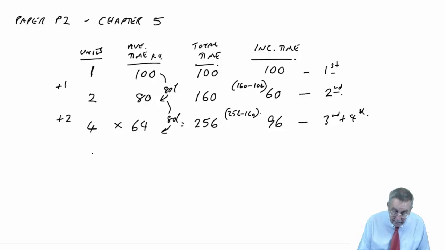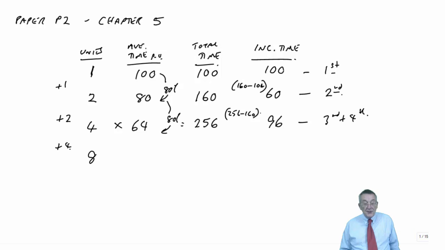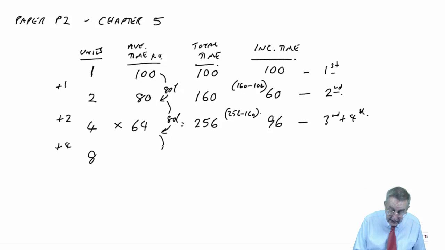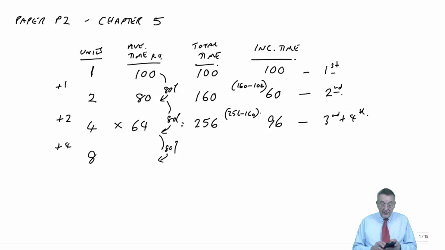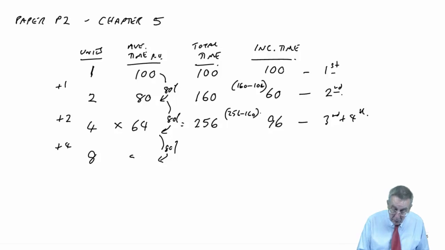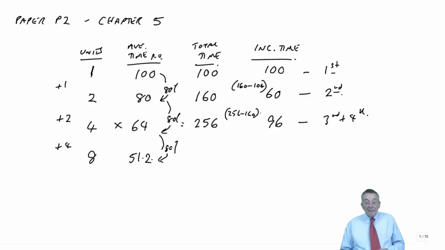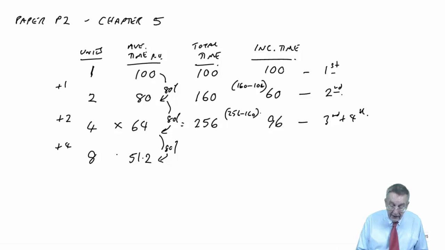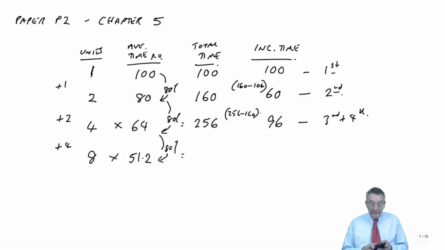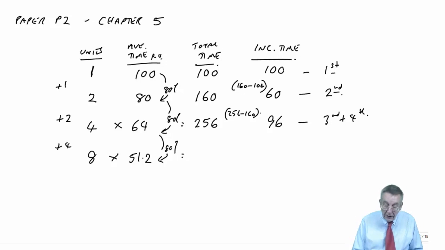Anyway, let's double one more time. If we double again, it goes to 8. So that's an extra 4 units. Each of those 8 units is getting faster and faster and faster. But the average time per unit, if we make 8, is 80% of what it was before. 80% of 64 is 51.2. And if on average each unit takes 51.2 hours, the total time for 8 will be 8 times that, which is 409.6 hours.